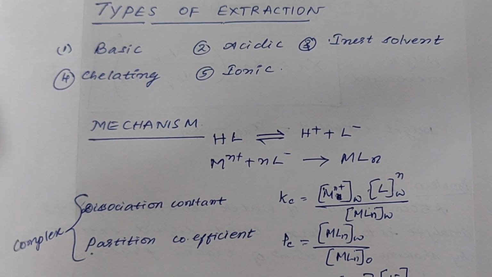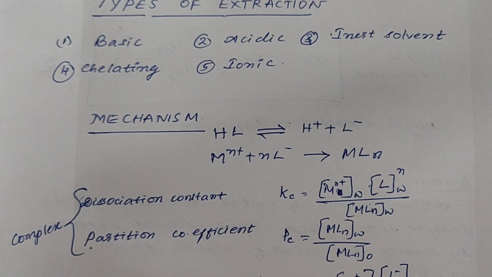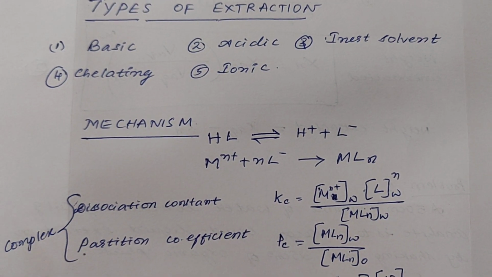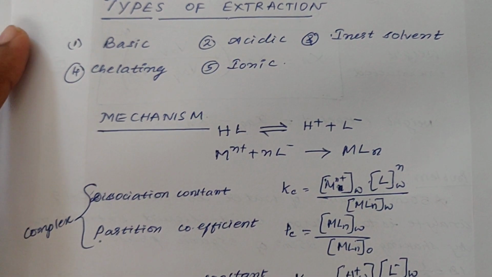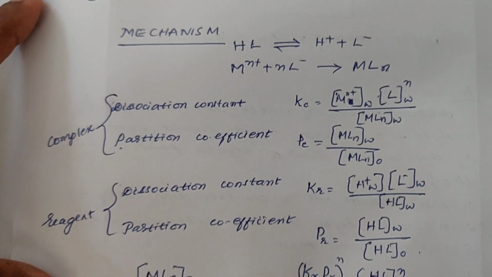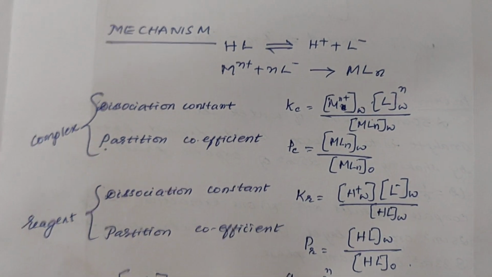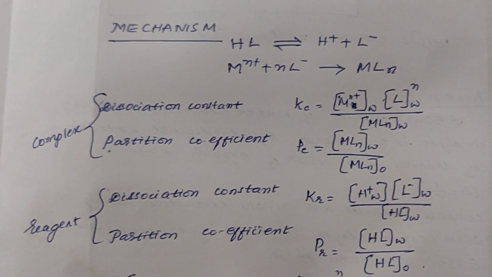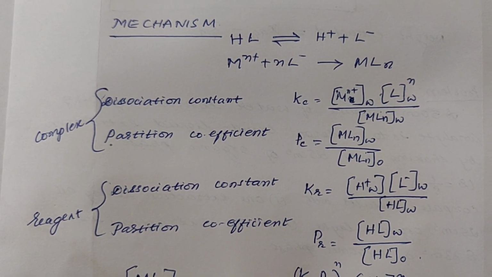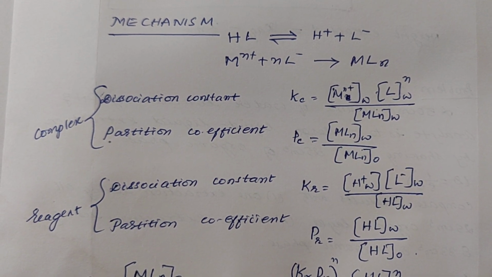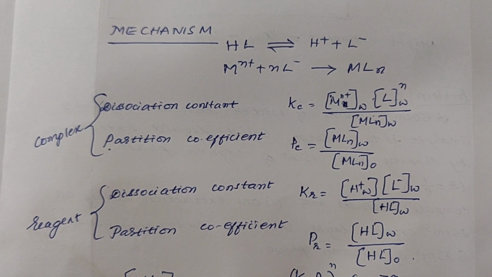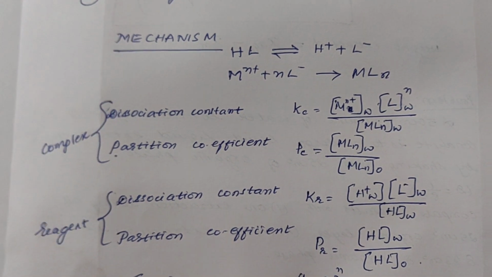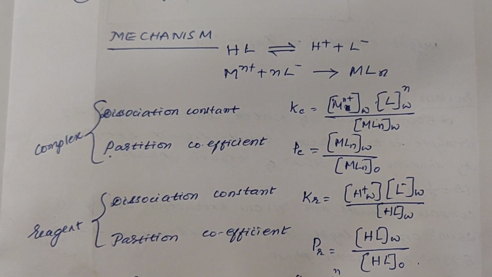Then the metal ion in the solution, that is M n plus, will combine with n number of L minus ligands, giving us a complex MLn. So we have a couple of equations here. For the complex we have dissociation constant and partition coefficient. We should remember partition coefficient is a ratio of the complex in water to that in the organic phase.